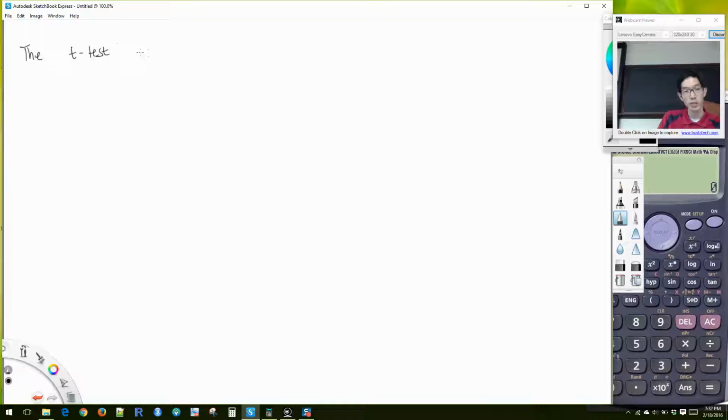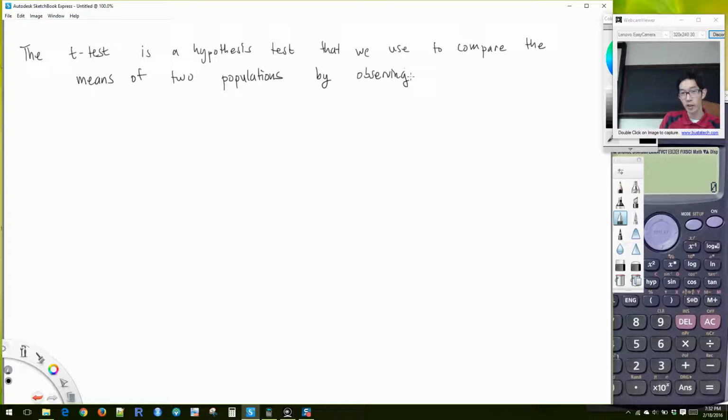The t-test is a hypothesis test that we use to compare the means of two populations by observing the means of samples taken from those populations.